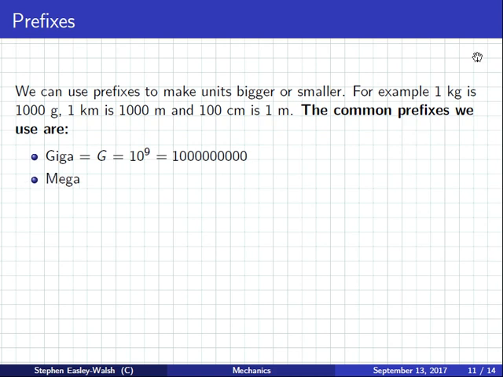What letter? M first, yeah. How many zeros? 6, yeah. It's 1,000,000. Okay. So thinking about your computer then, what's next after mega if we're getting smaller? Kilo, which is a K, which is 10 to the 3, which is 1,000.